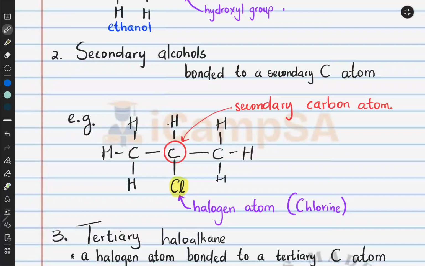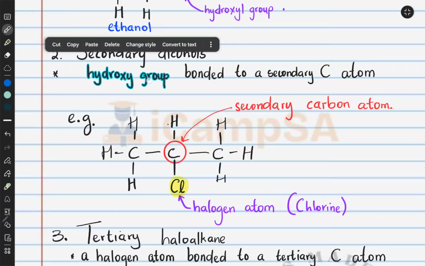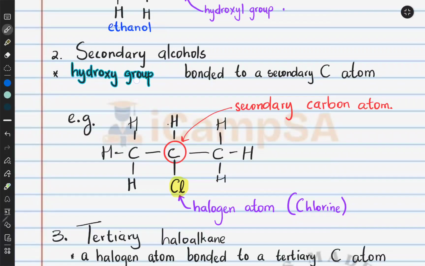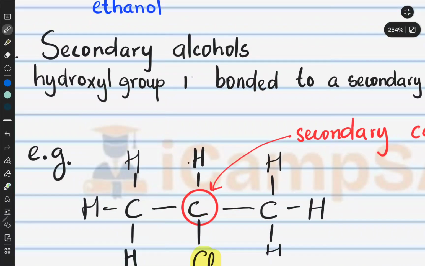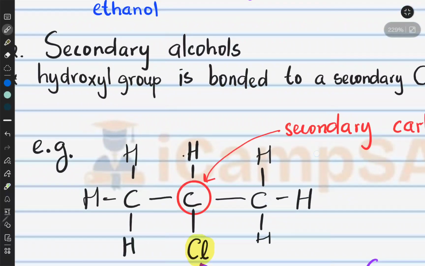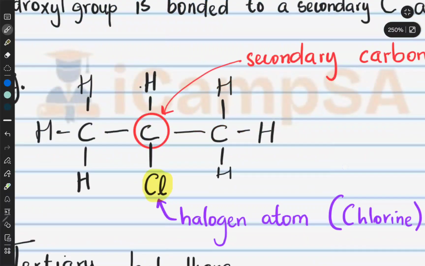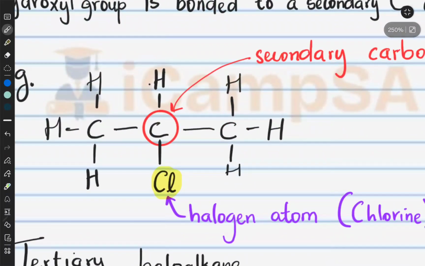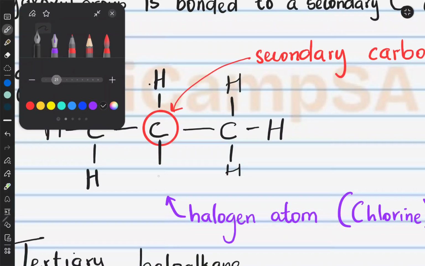Okay. Right, so the hydroxyl group is attached to a secondary carbon atom, and we already know what a secondary carbon atom looks like, so we can put our hydroxyl group here.